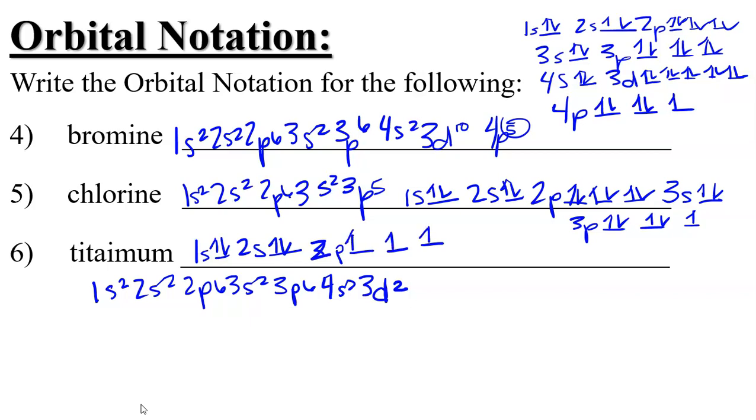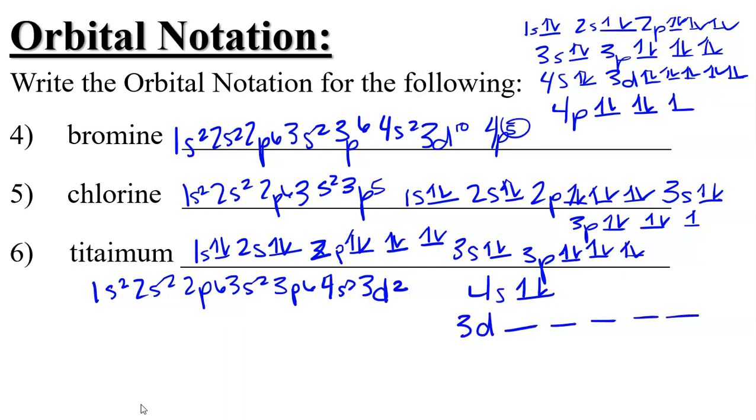We're going to go forward first and then come back. 3s, 3p, 4s, and then 3d. He only has 2 and 3. Remember, d has 5 energy levels, so let's fill out the 2 electrons, and that's it. Even though this is empty, we still want to leave it.